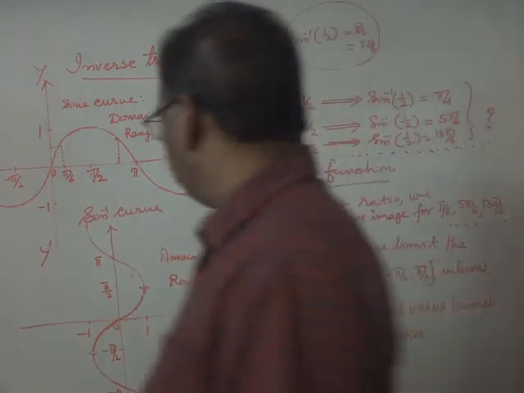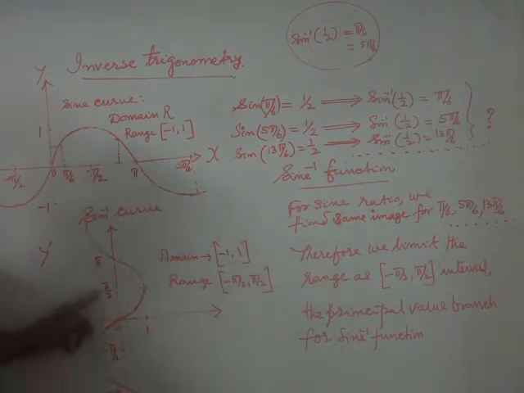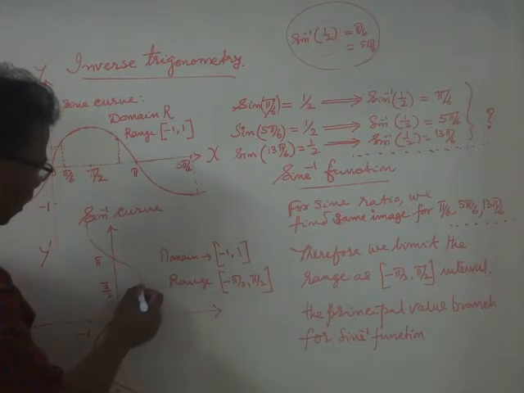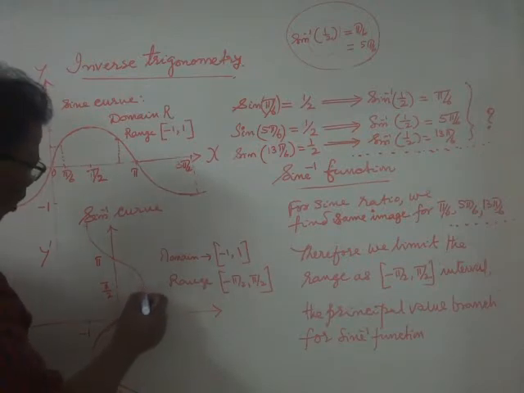And consider a portion minus pi by 2 to pi by 2 in the y-axis. Sine inverse half, you will get only one value here. It will not repeat if we limit the interval from minus pi by 2 to pi by 2, only this portion.